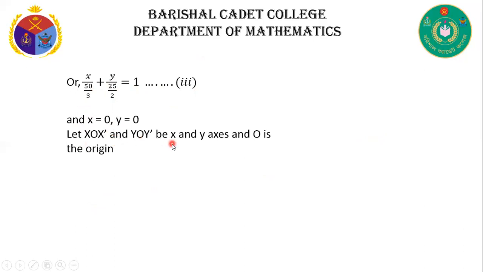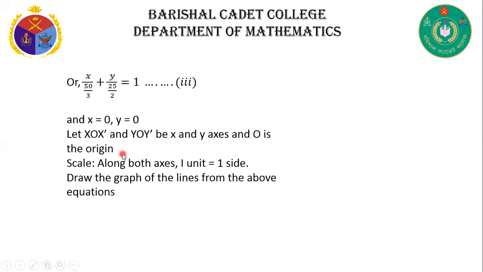Let X dash X and Y dash Y be the x-axis and y-axis, and O is the origin. Scale along both axes, 1 unit is equal to 1 side.